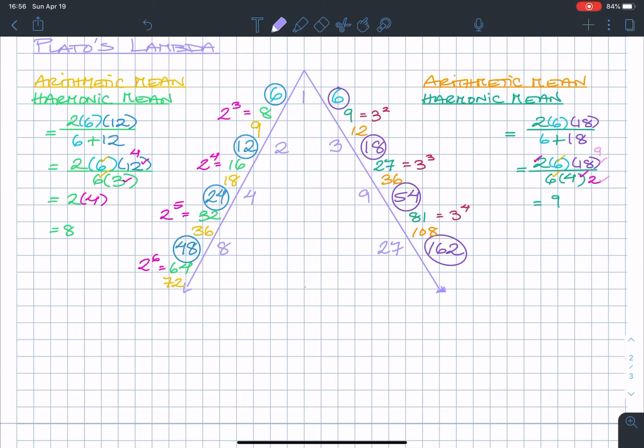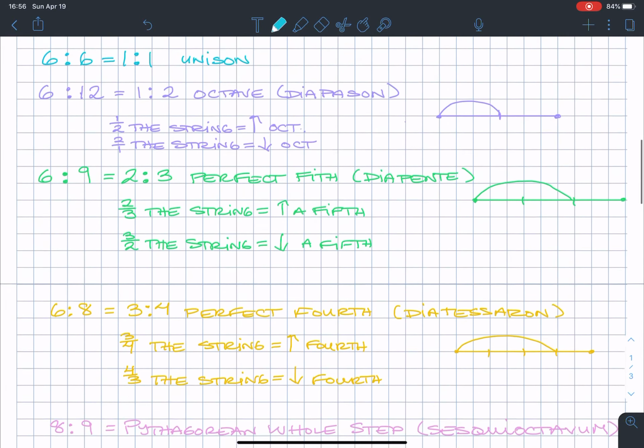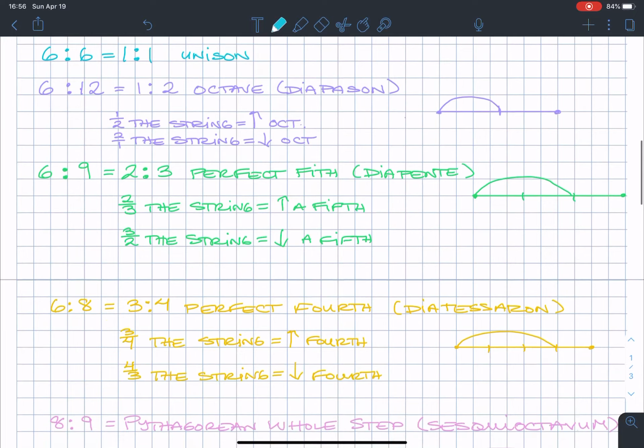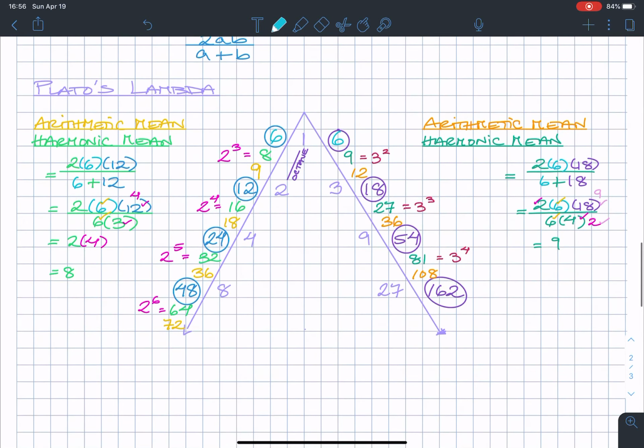going from 1 to 2? This was the octave, right? So let me write that, octave. But remember the ratio 2 to 3. Let's see. 2 to 3, which is in green, was a perfect fifth.